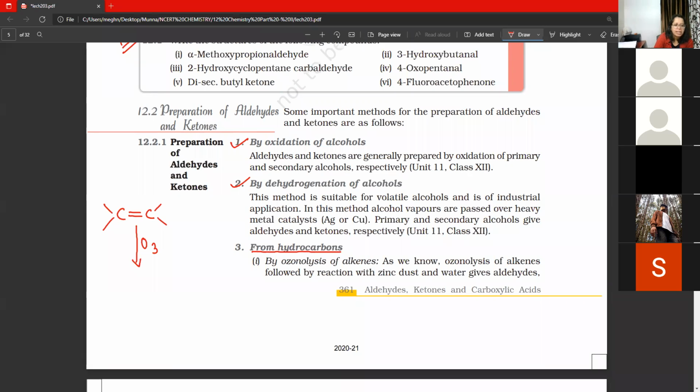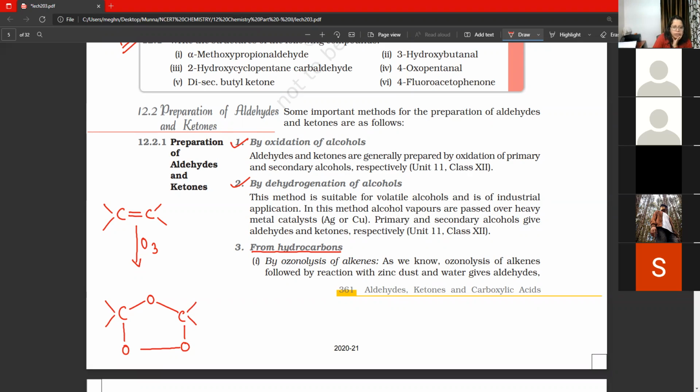If you could remember class 11, you have done a house-like structure, heart-like structure, better to say. This is called ozonide. Side chain remains intact. I hope I am audible to you all? When alkene reacts with ozone, it forms ozonide.